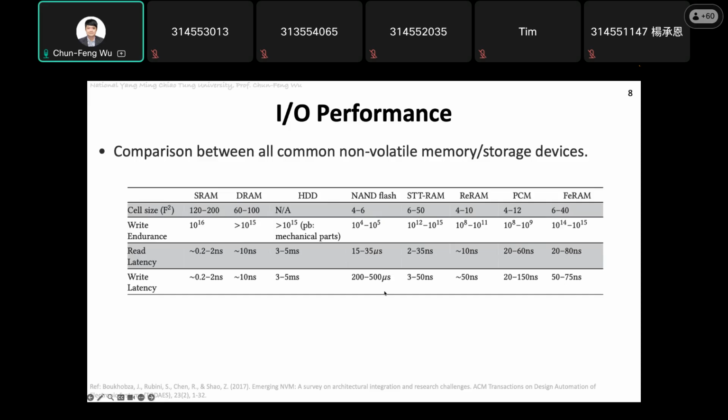Because NAND flash has lower endurance, meaning our lifetime is not good, when writing we always need to make sure the data we write into the device is correct. So you can think of a NAND flash write as a write plus a lot of reads, because after writing the data we need to read it all back to make sure it is correct, and then we can do another write. So it takes longer time.